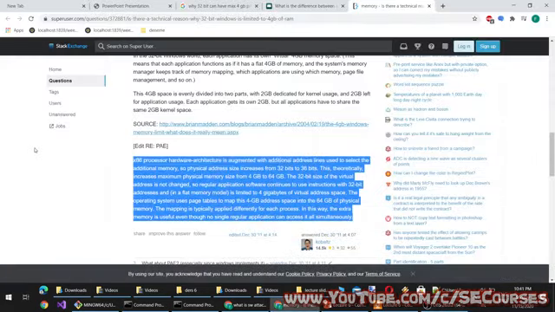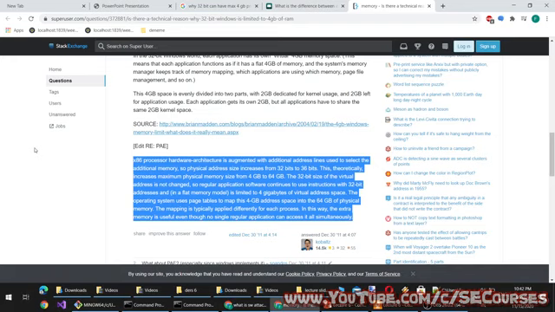x86 processor hardware architecture is augmented with additional address lines used to select the additional memory, so physical address size increases from 32 bits to 36 bits. This, theoretically, increases maximum physical memory size from 4 gigabytes to 64 gigabytes. The 32-bit size of the virtual address is not changed, so regular application software continues to use instructions with 32-bit addresses and, in a flat memory model, is limited to 4 gigabytes of virtual address space.